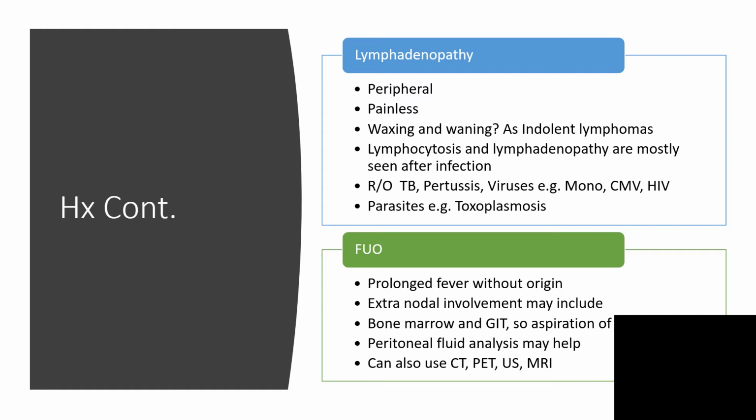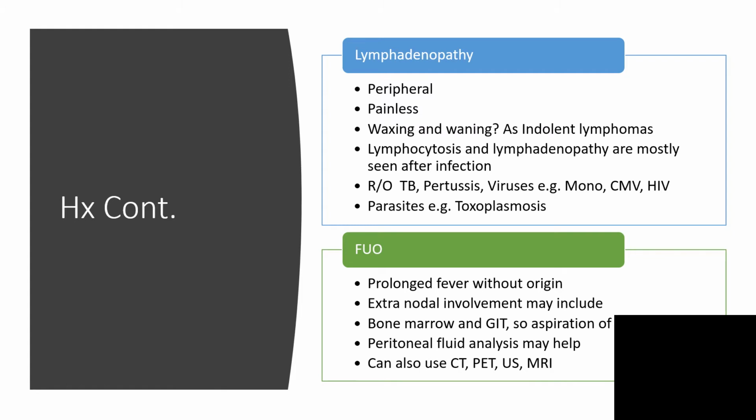Pertussis, viruses like infectious mononucleosis, cytomegalovirus, or HIV infection. Parasites are not left out, and we need to know what has happened with toxoplasmosis, contact with cat litter, and so on.